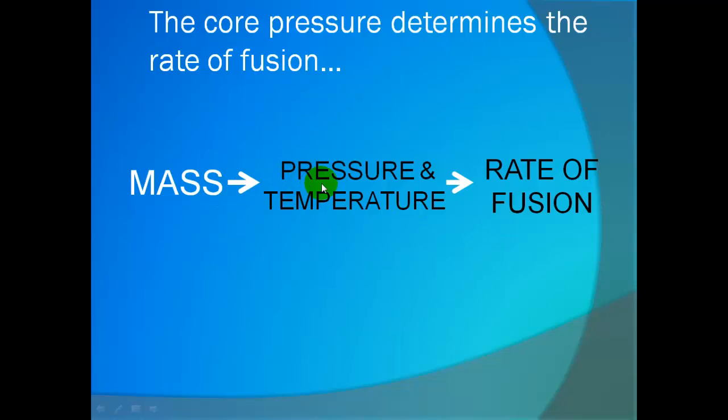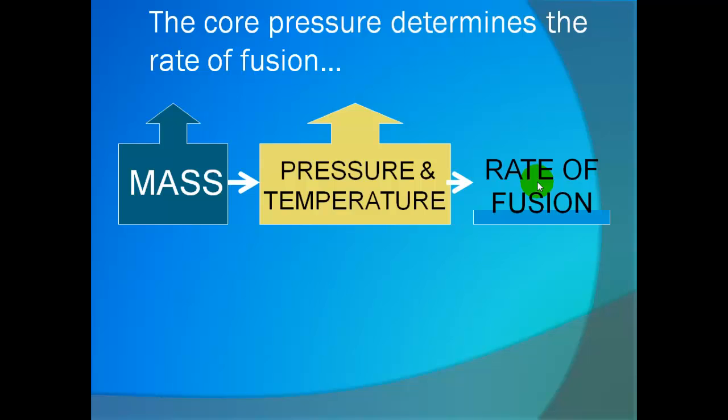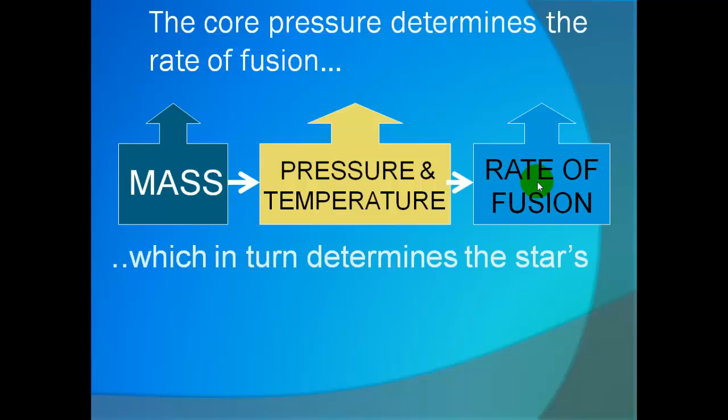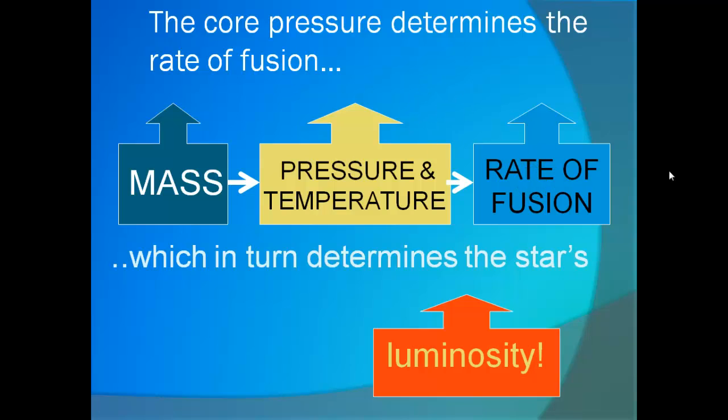So if you increase the mass, you increase the pressure and the temperature, and you will increase the rate of fusion. And if the rate of fusion is much higher, then the luminosity will be greater. So a large mass will mean a very luminous star. In fact, we can look at the relationship between the mass and the luminosity. As you increase the mass, you increase the luminosity.